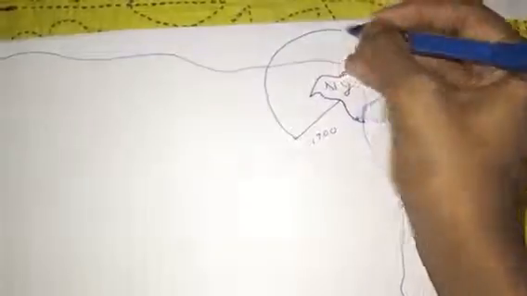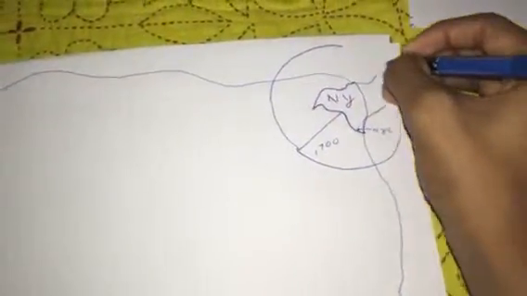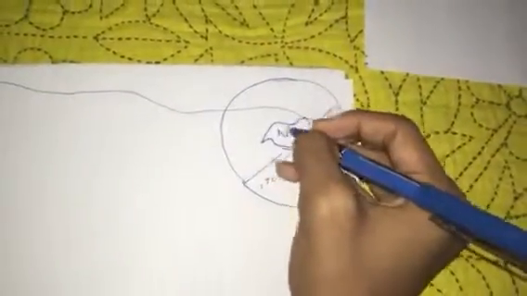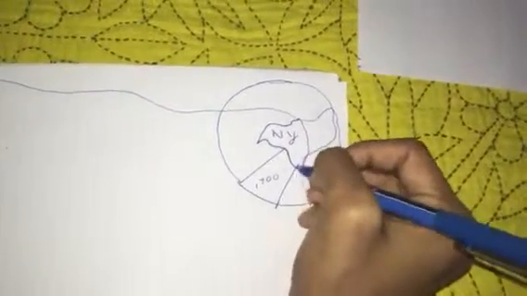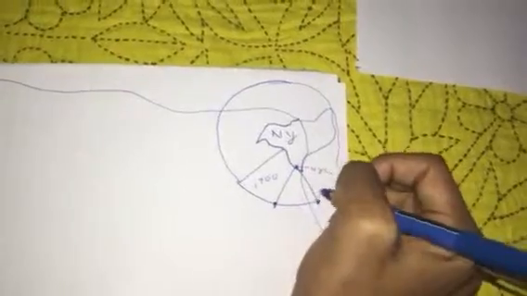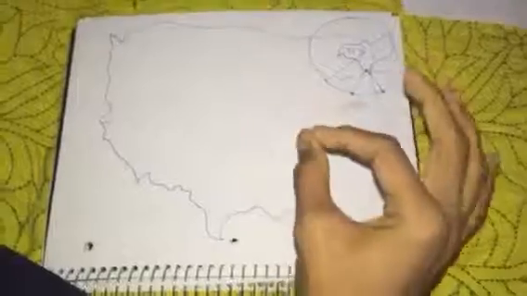The earthquake could have originated anywhere 1700 miles from New York City. So it could have originated here, it could have originated here, anywhere 1700 miles from the city. So it has infinite number of starting points, and that is how we find the distance to the epicenter of an earthquake.